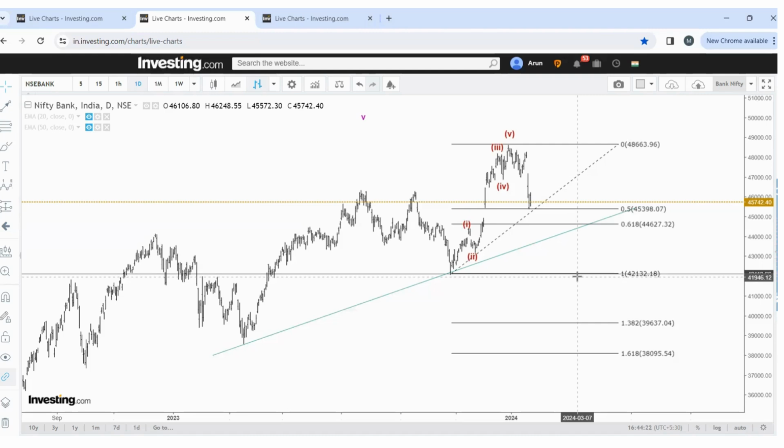So in this case, I thought of giving both views in both indexes. That is the idea. So by counting bearish structure as per Bank Nifty, surprisingly both Nifty and Bank Nifty stop at exactly 61.8%, and that is definite resistance. That is why the price stopped and declined very fast. Okay, but is that the top made? Yeah, possible. But since we have a bullish structure in Nifty, I'm checking with Bank Nifty also.